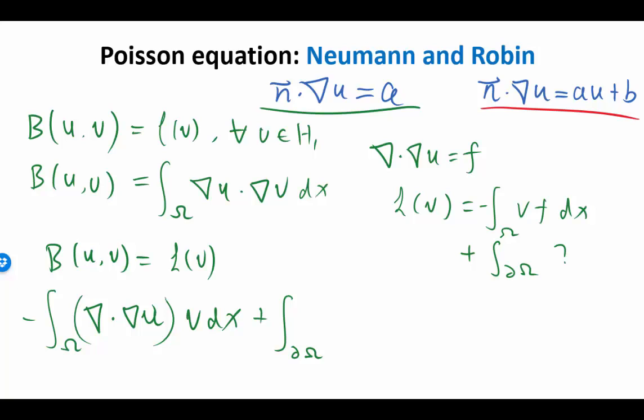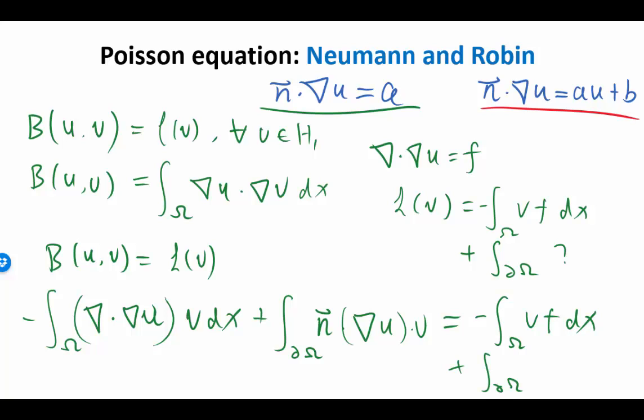So what comes out of the boundary term is the normal dotted with the gradient of u, times v. Okay, so that has to be equal to L, which now has the interior term and the boundary term. Here's the question mark.